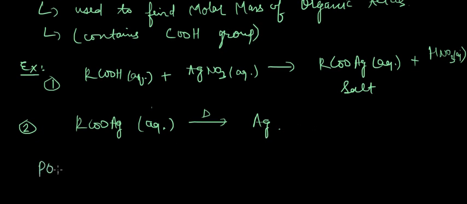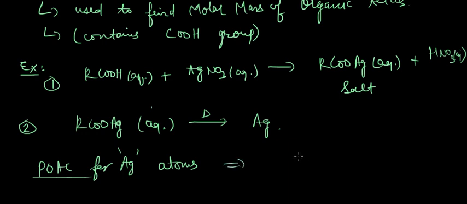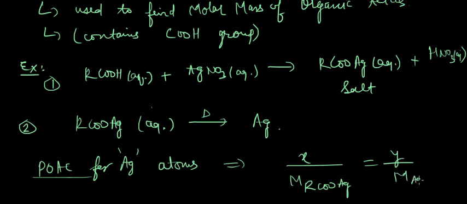So we'll just apply POAC for Ag atoms. That would be X upon mass of RCOOAg equal to Y upon mass of Ag.